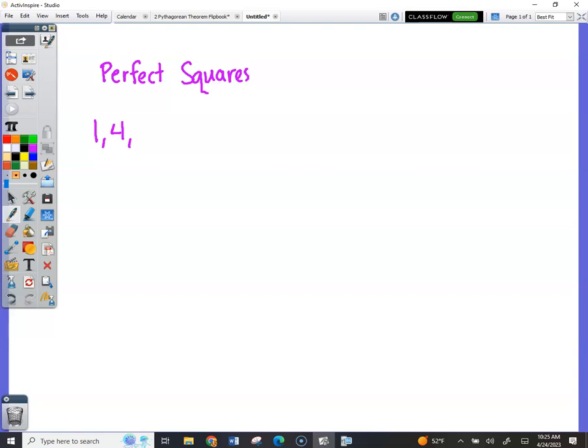And you get it by simply counting. 1 squared, 2 squared, 3 squared, 4 squared. See where I'm going with this? Keep going. If you need your calculator, use it. Go all the way up to 15.